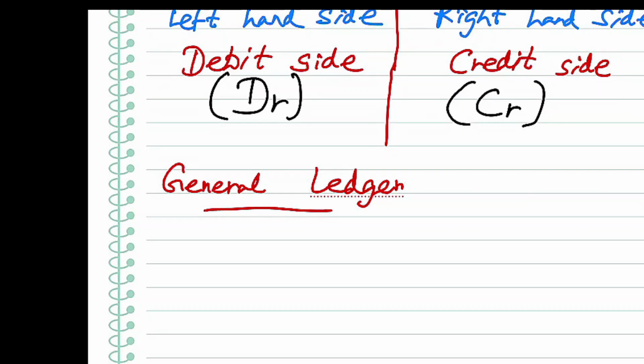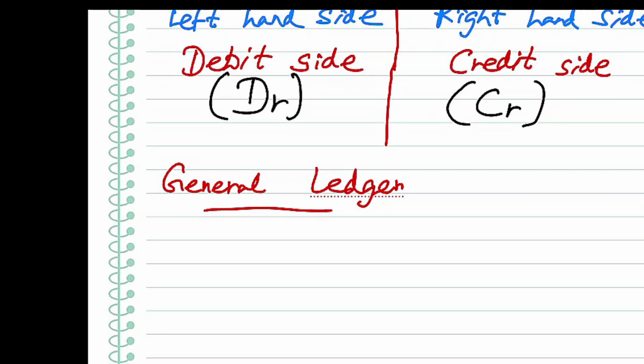General ledger is the name for the main group of ledger accounts where the double entry system in a business is maintained. Full stop.